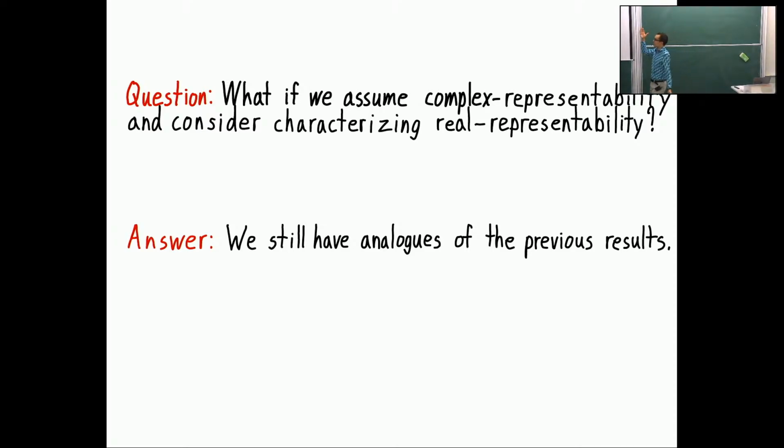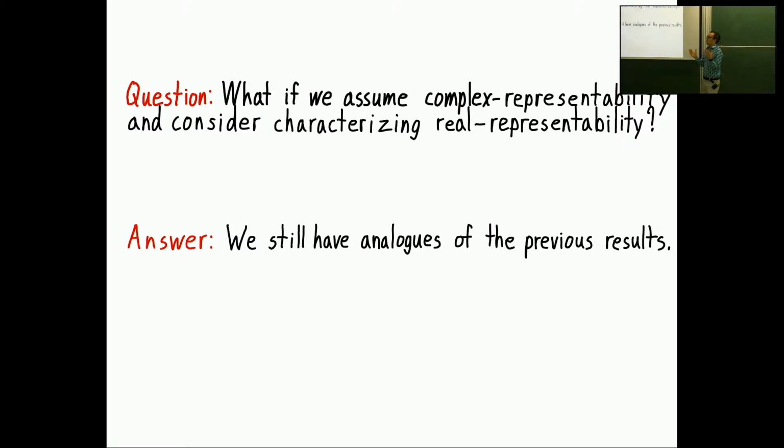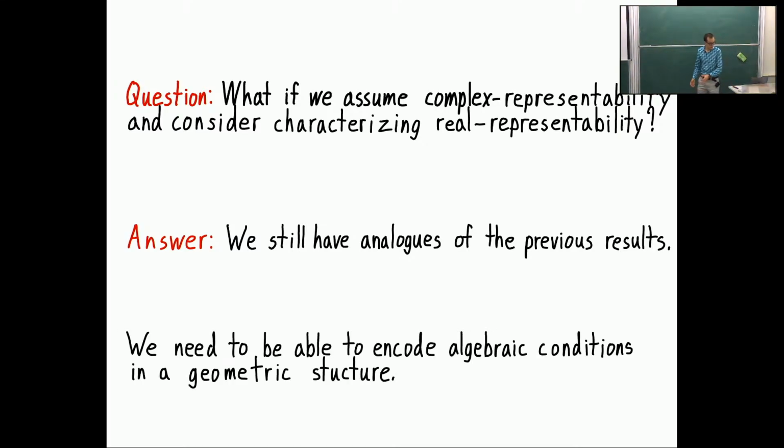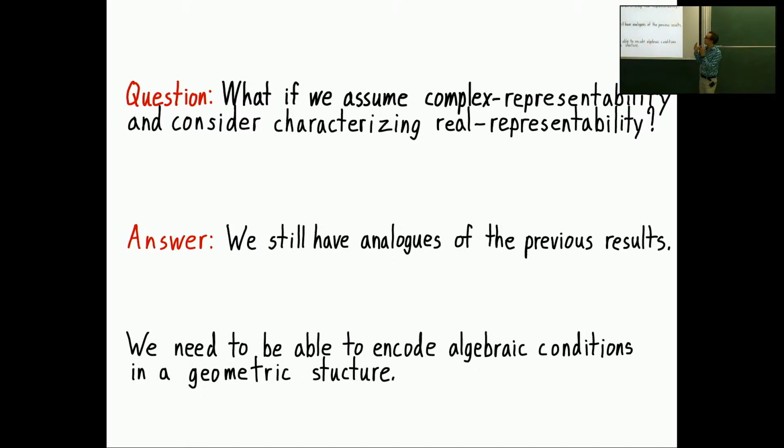To get appropriate analogs, we need to use properties of the reals, conditions that are satisfied over the complex numbers but aren't over the reals, to have constructions that are complex representable but not real representable. So we need to be able to encode algebraic conditions in a geometric structure, and we'll use these geometric conditions to have something that is complex but not real representable.